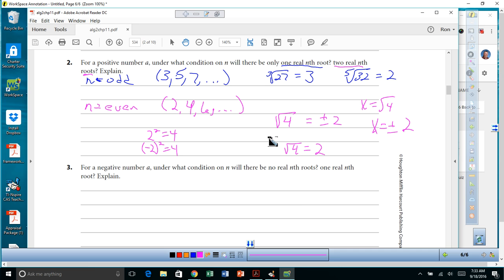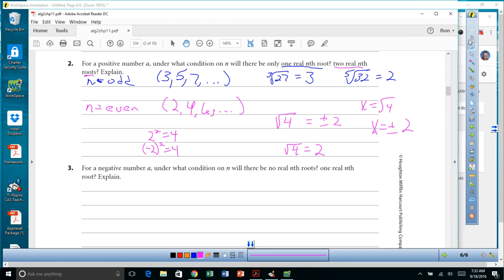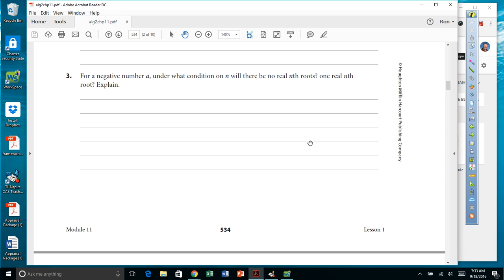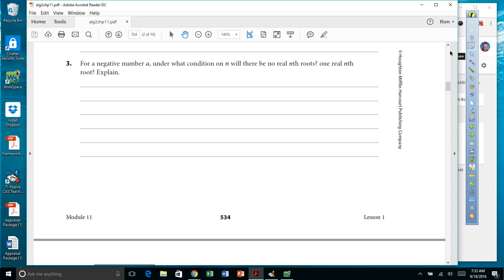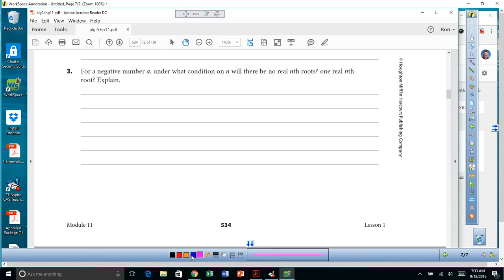For a negative number A, under what conditions of n will there be no real roots? One real root, explain. Okay, that goes back to the odd and even thing again. So if n is odd, like 3, 5, 7, and so on, you get the cube root of, say, negative 27.